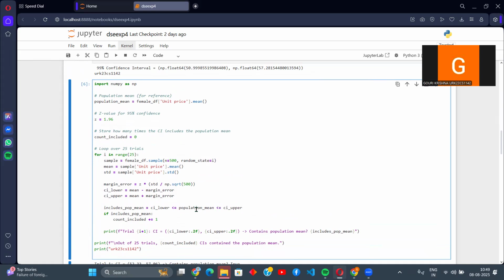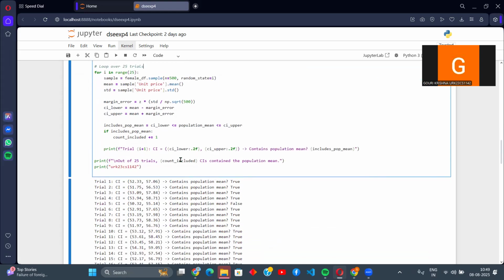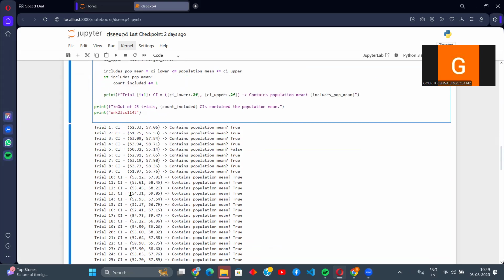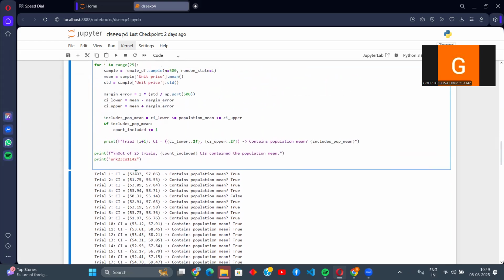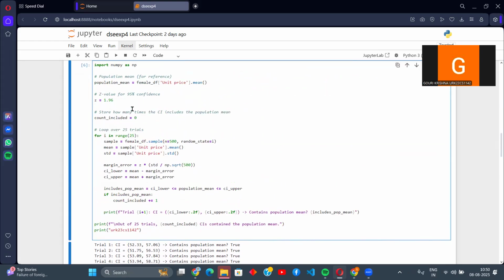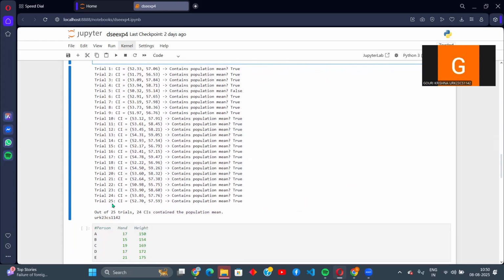It counts how many trials of CI contained the true mean, and it demonstrates the coverage probability of 95 percentage CIs. This is the code. We have given 25 trials, so that's why we got 25 trials in the output.